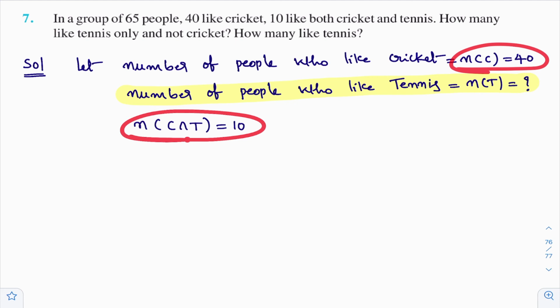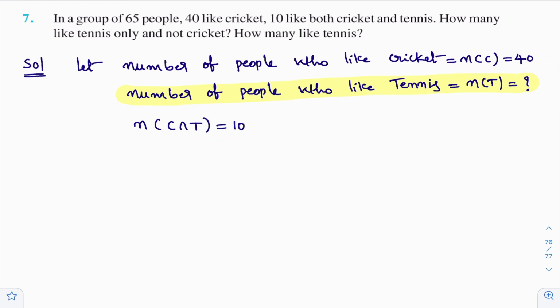So here I'll try to explain this with the help of a Venn diagram, and moreover here you need to know one thing. In the beginning they given a group of 65 people. In this 65 people, only 40 like cricket, 10 like both, and some of them like tennis.